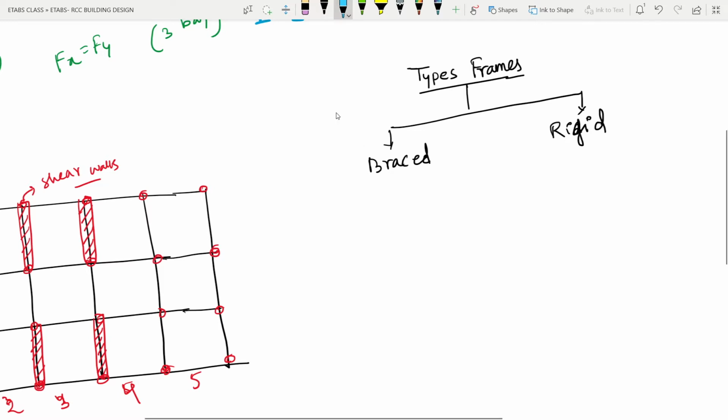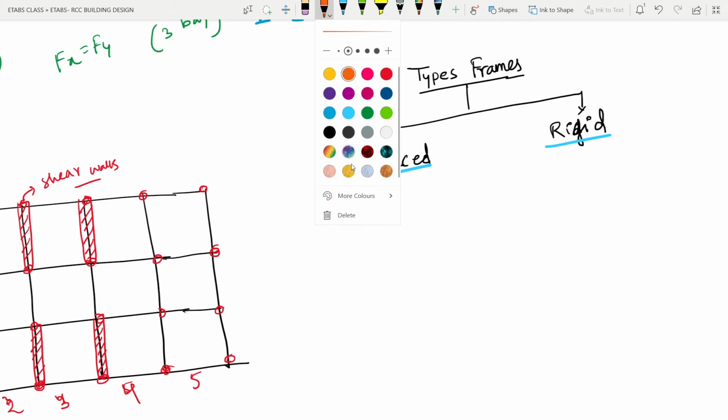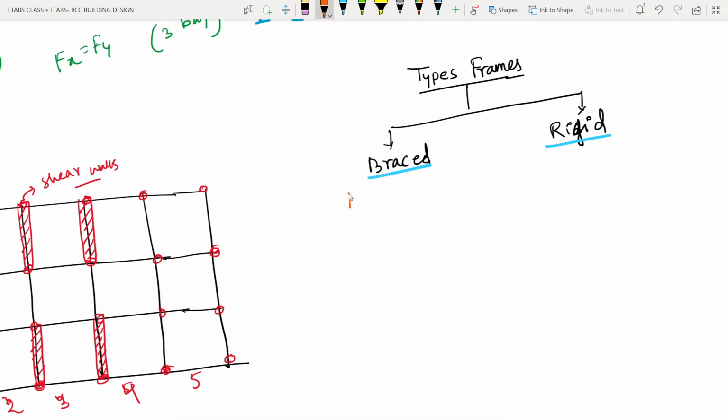Now if I write the characteristics of a braced frame, you will find that if you see the joints of a braced frame, these joints are hinged.